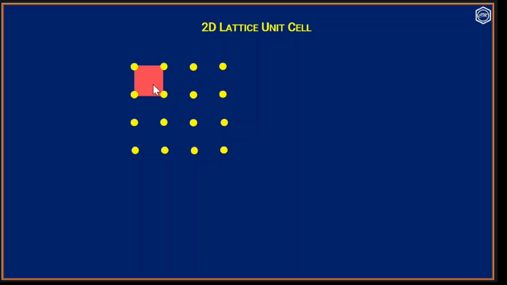Now, look at the colored rectangle, the corners of which touch the lattice points. Now I delete all the points in the lattice except the first four. The 2D lattice has disappeared. Now I can reconstruct the previous lattice by the movement of the red rectangle with the 4 lattice points in 2 dimensions.